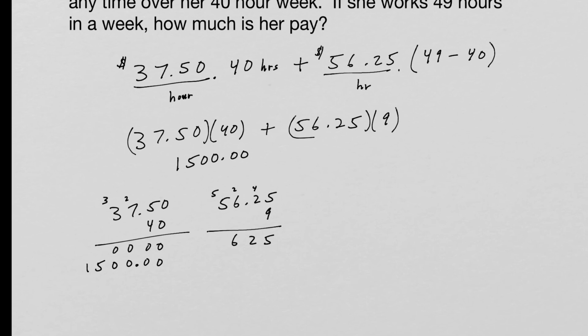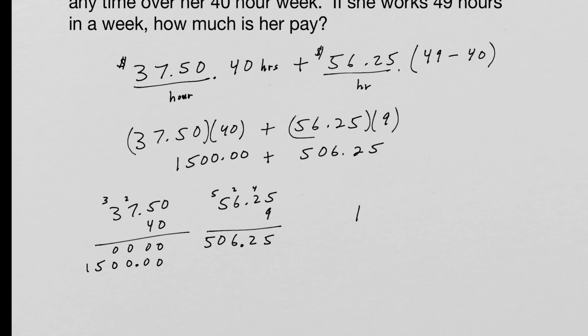Carry the 5. And then 9 times 5 is 45, plus 5 is 50. So this is going to be 50. And then I need 2 decimal places again, so this is 506.25. So now I just need to add those together.